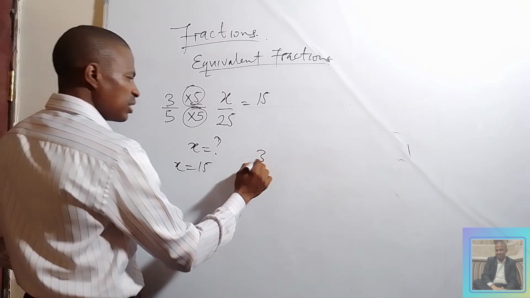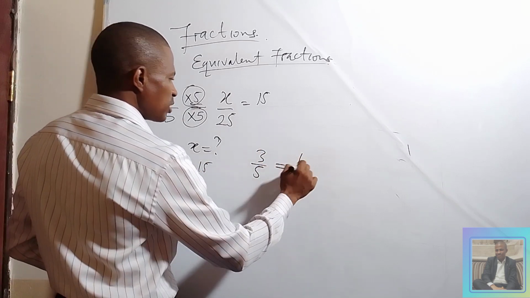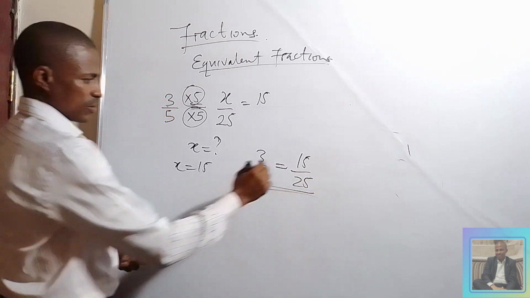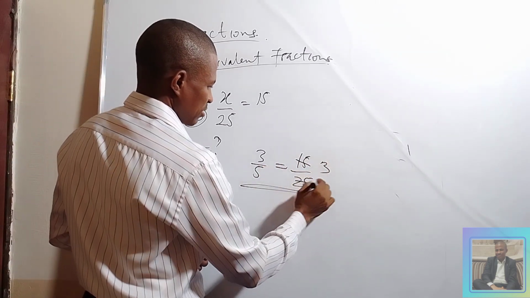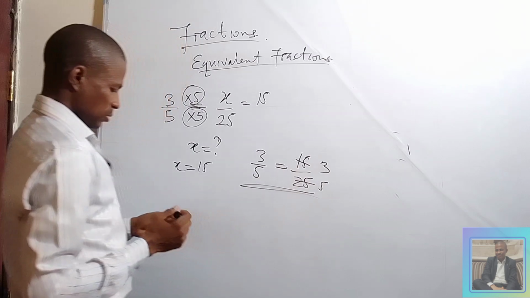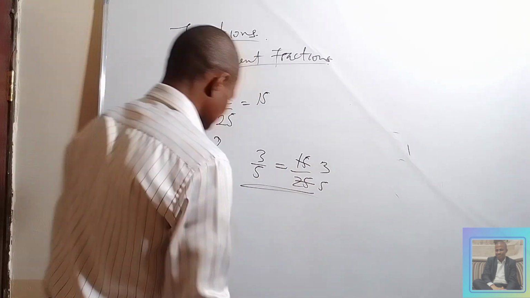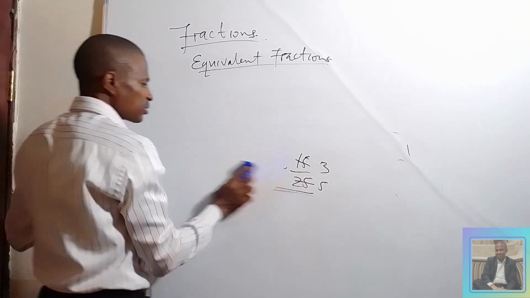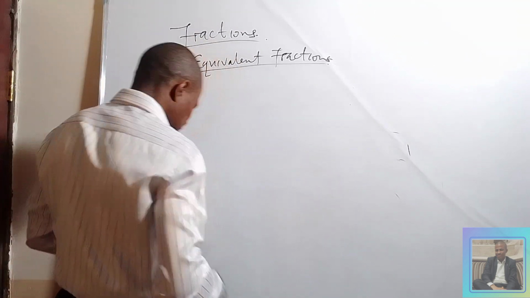That means 3 over 5 is equivalent to 15 over 25. So equivalent fractions are very easy. We either multiply by the same factor or we divide by the same factor.